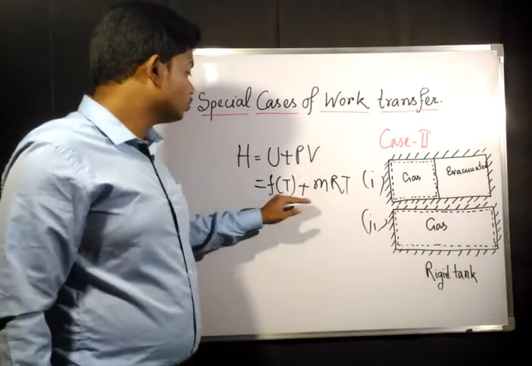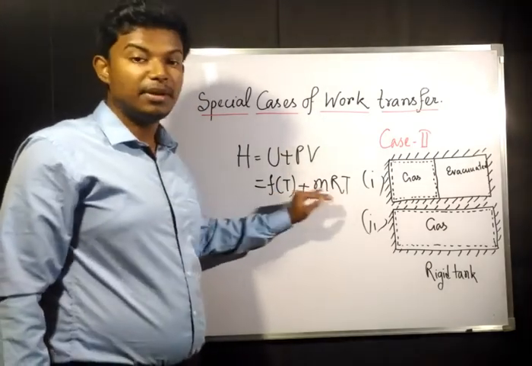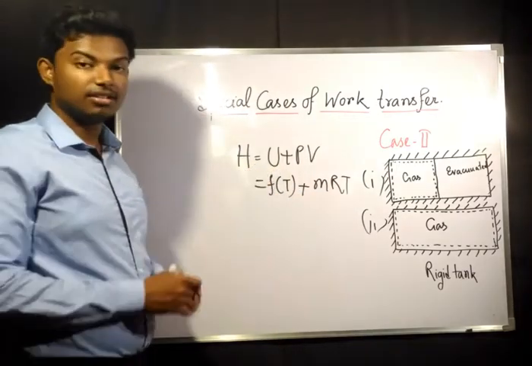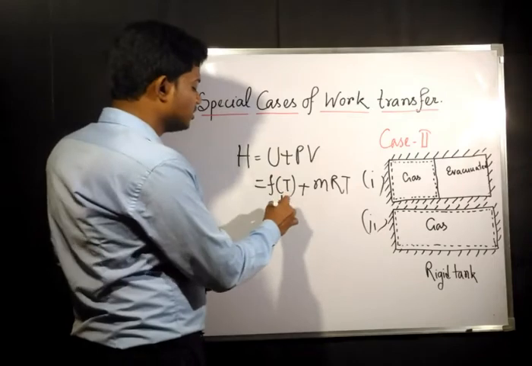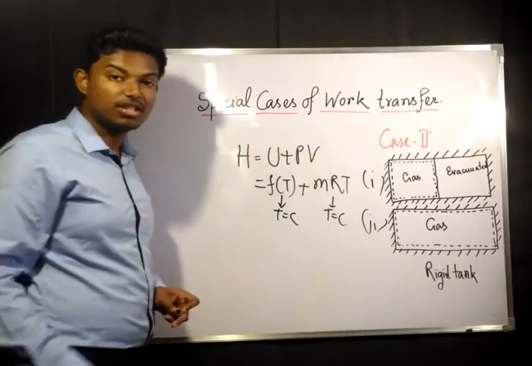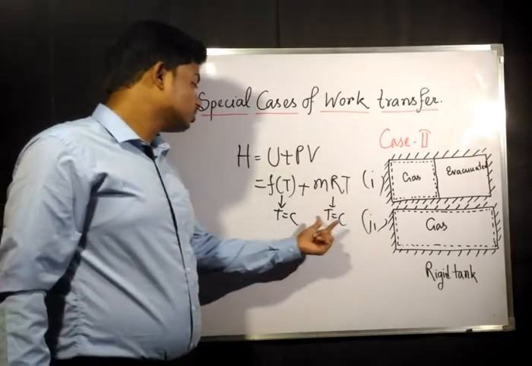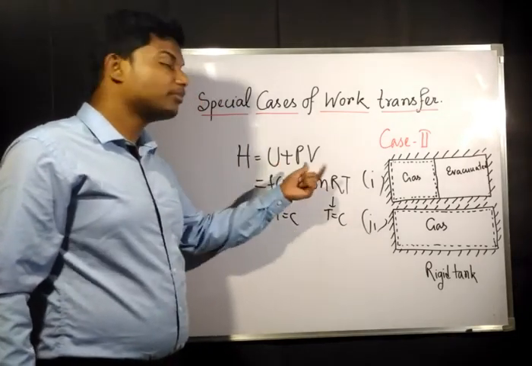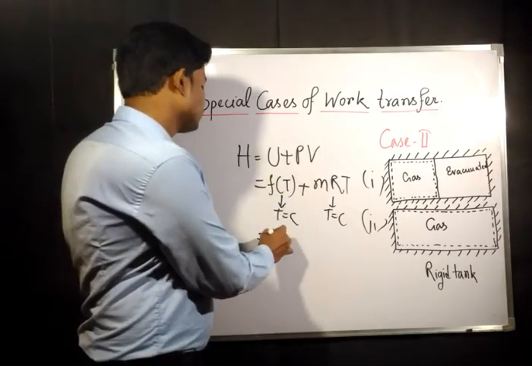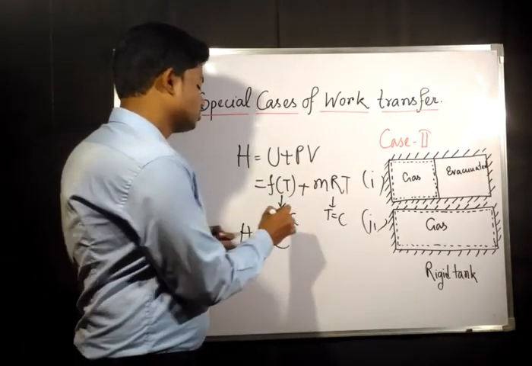So both of these terms depend completely upon temperature. We have found that temperature is constant, and since both these terms depend upon T, enthalpy is also going to be constant.